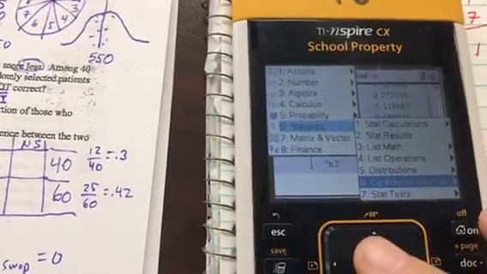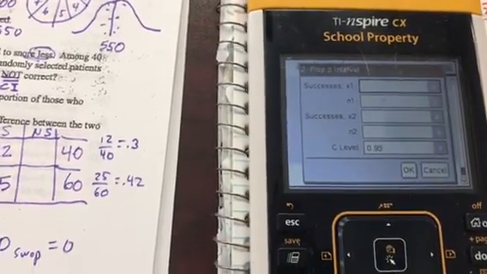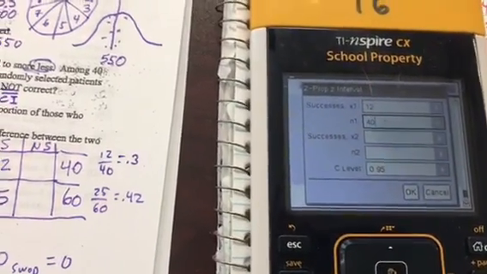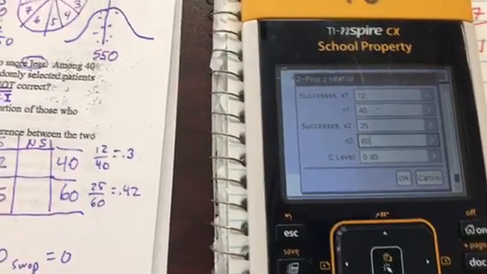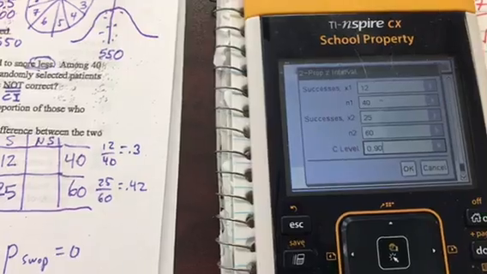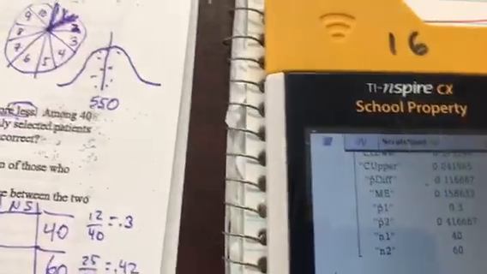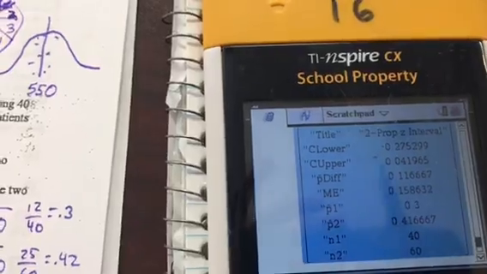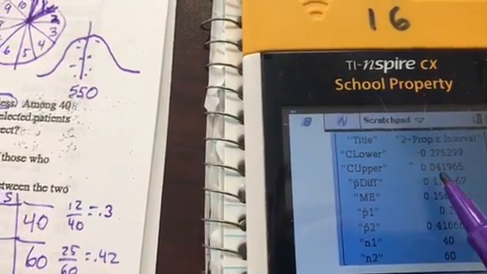I'm going to do a confidence interval, still a 2 proportion, still 12 successes out of 40 people, and 25 out of 60 people. And I'm going to change this confidence level to 0.90 and see what kind of an interval I get. So when I focus in on my interval here, I get negative 0.27 and 0.04.